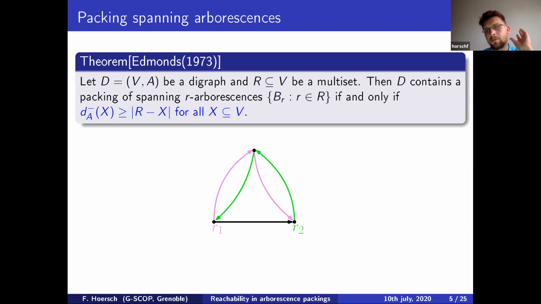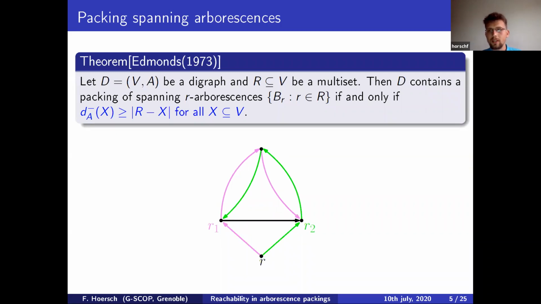And now I will for the first time show you a thing that very often happens in these kind of settings, that you can conclude one theorem from the other one. And in that case, this is pretty simple. I just add one vertex, which is my new root R, and I add one arc from it to every designated root.